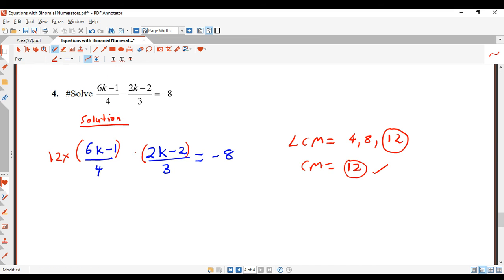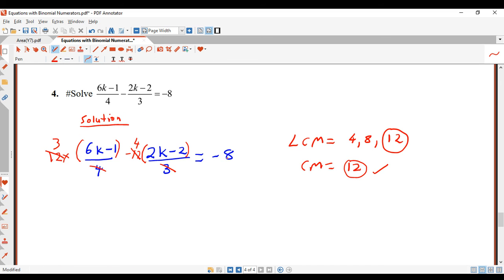So I should have a 12 there and then a minus sign there. That's better. Okay, now let's have a look. 12, we can now cancel. So 12 divided by 4 is 3, and 12 divided by 3 is 4.